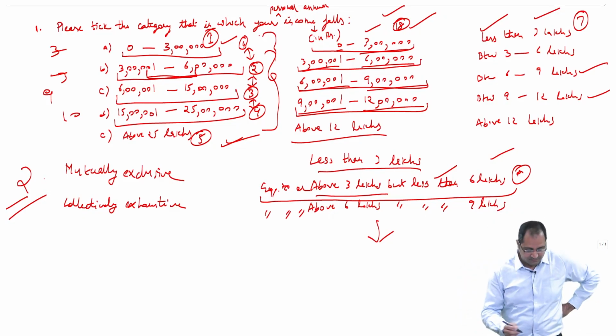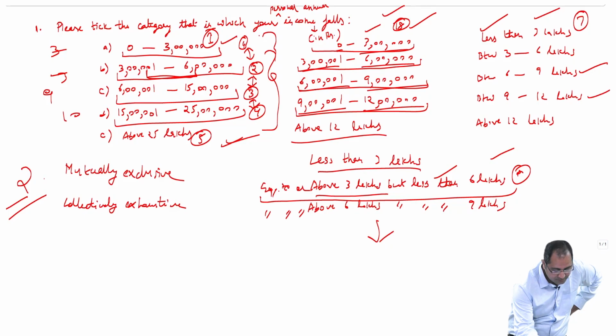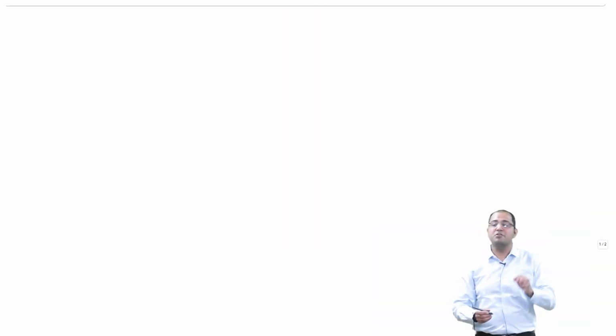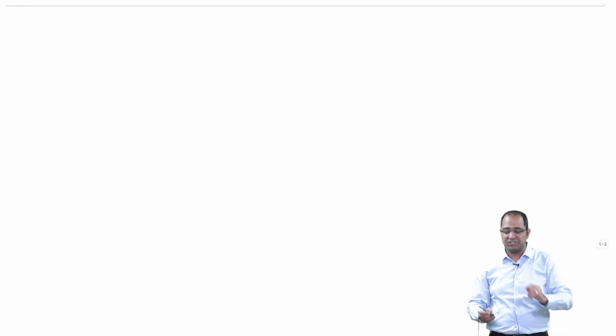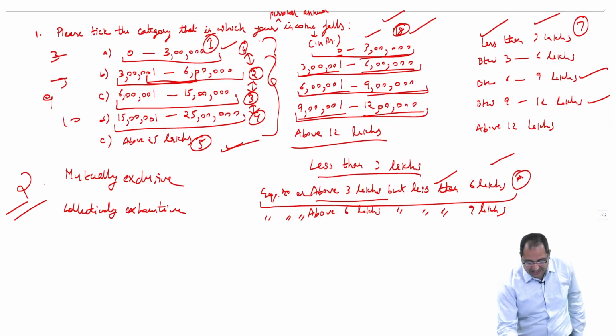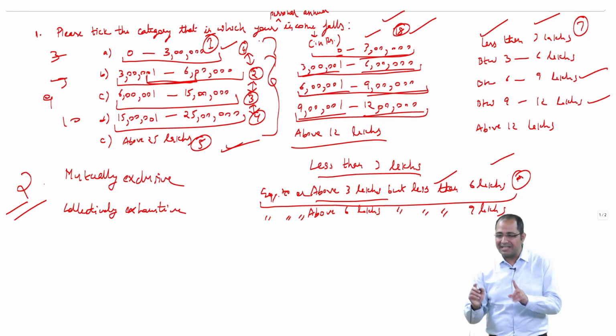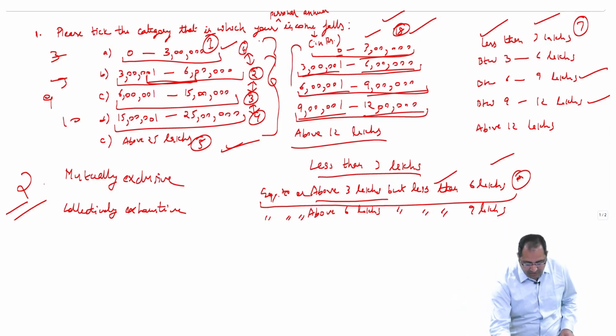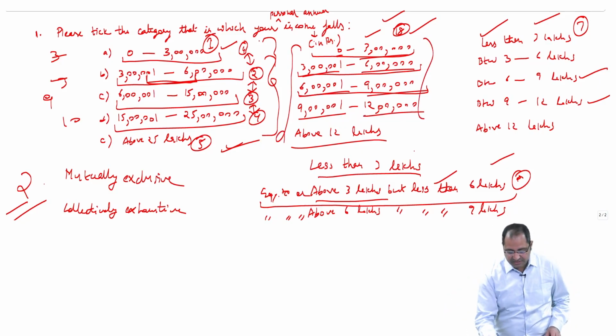So in some surveys, they give it like 0 to 3 lakhs, in numbers. When you say please tick the category in which your personal income falls in rupees, you may also write in brackets that the numbers below are in lakhs, so that reading zeros is not a problem.